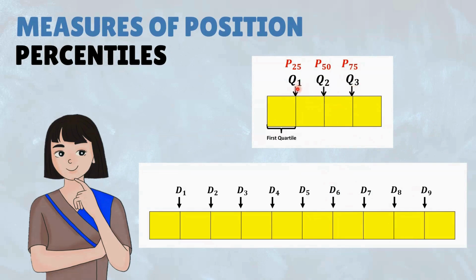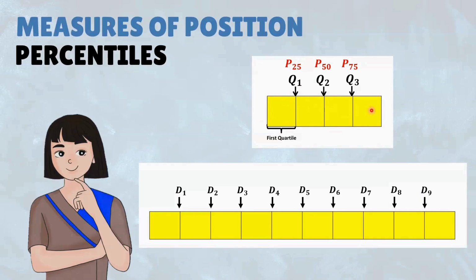Beginning with percentile 25 and quartile 1, they are equivalent since we know that quartiles divide our distribution into 4 equal parts. So we have here, each division is 25% of the whole distribution. So 25, 25, 25, and 25.